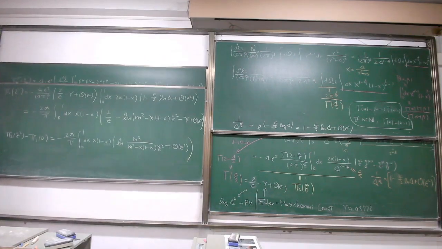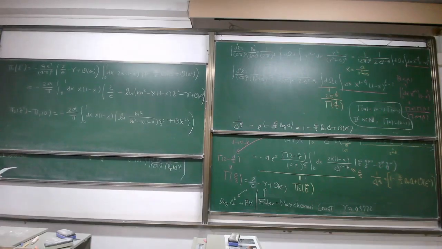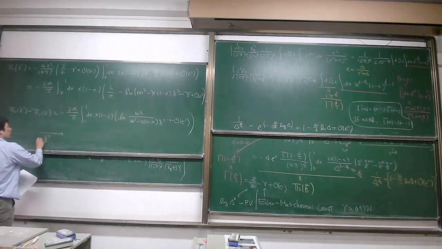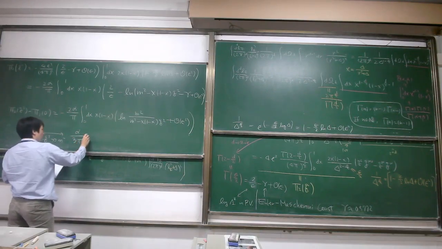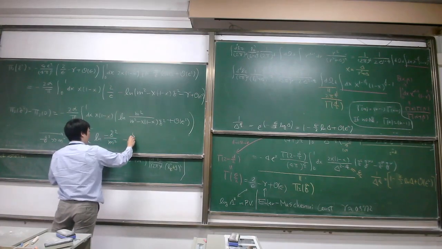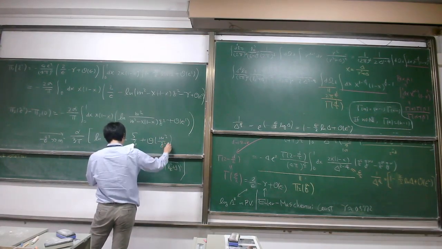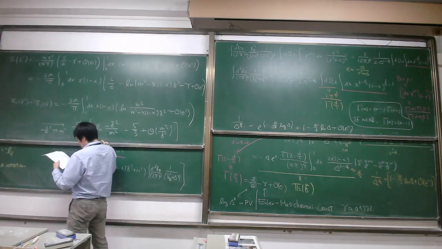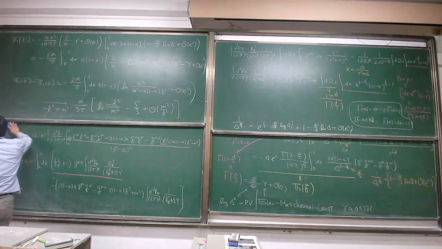Fine. And then if you take the high energy limit, where minus q squared is much higher than the mass of the electron, then what we have is alpha over 3 pi times log of minus q squared over m squared, minus 5 over 3. Okay, so that's the result.